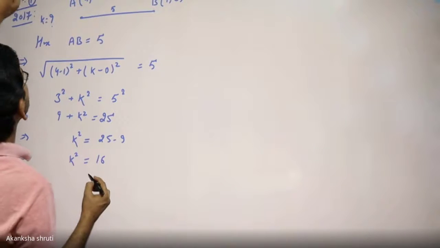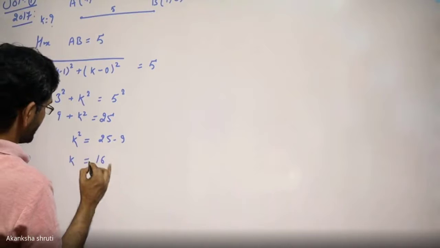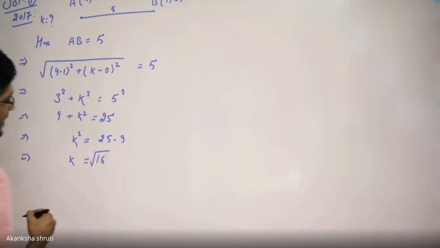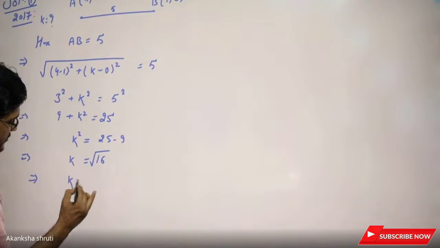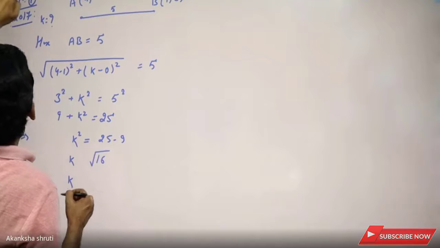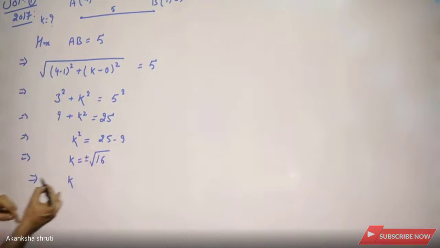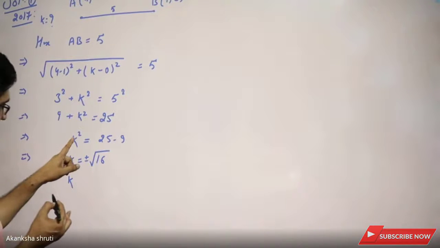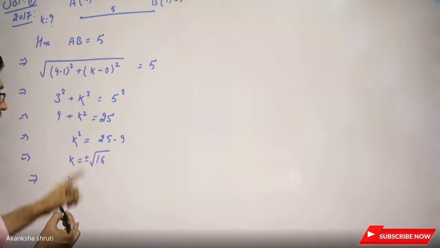But we are interested to know K, not K squared. Therefore, K becomes the square root of 16. Students, keep in mind, since it is the coordinate system, we are free to choose the plus and minus sign. Be careful, because when the square is sent to the other side, both positive and negative can be taken.